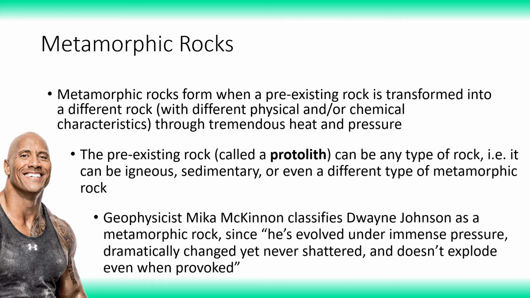So in other words, that means that through lots of heat and lots of pressure, the rocks can change at like a molecular level. So the compounds that actually make up the rock can change through this heat and pressure, and different physical characteristics basically means that they look different.